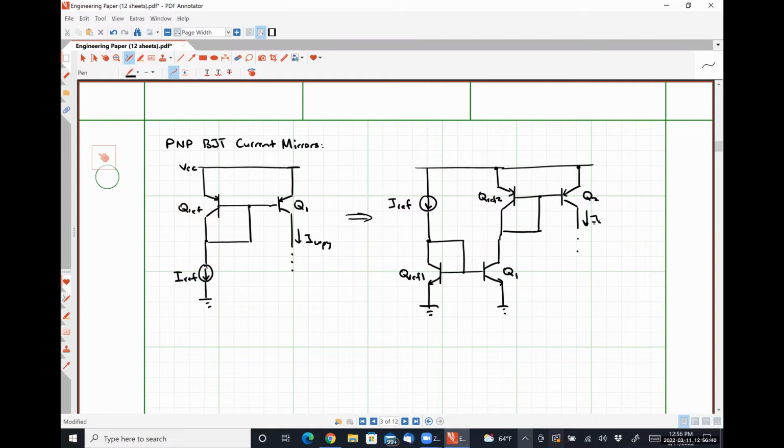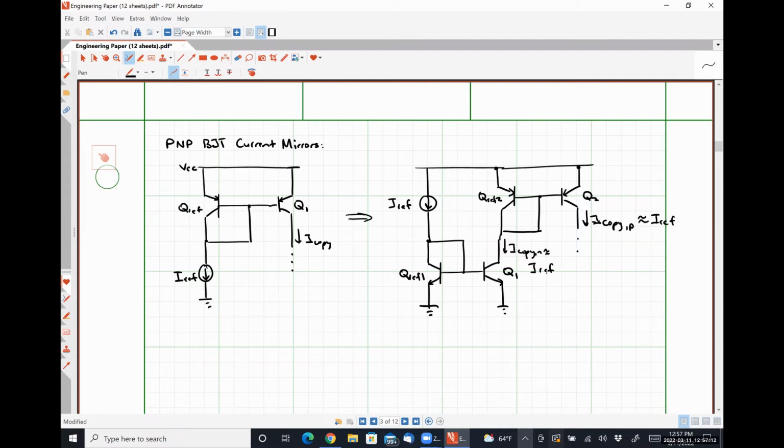So let me erase that. Let's call this I copy P. It'll be approximately IREF, depending on how many things we connect. And this current right here, I'm going to call I copy N, will also be approximately IREF, again, depending on how many things are connected.